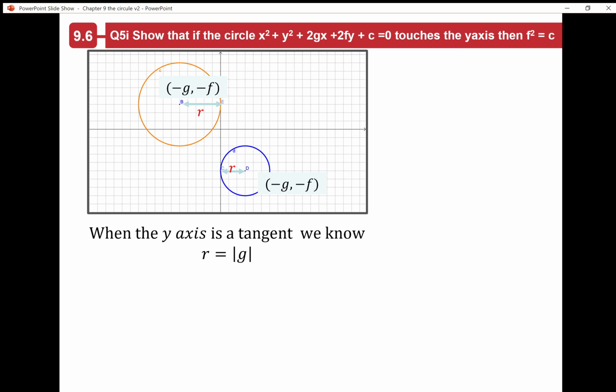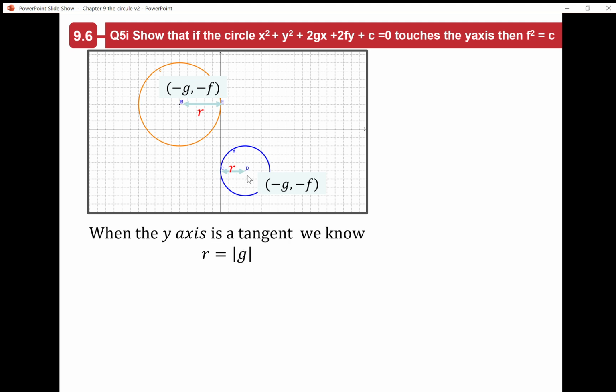When your circle touches the y-axis, we can see that the radius of your circle is equal to the x-coordinate of the center of your circle. So when the y-axis is a tangent, i.e. when your circle touches the y-axis, the radius is equal to the absolute value of g.